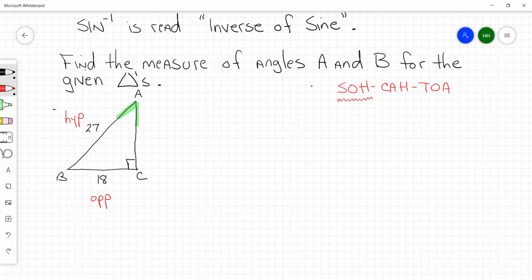So watch, we write inverse of sine of the 18 over the 27. That's going to equal this angle measure. All right?